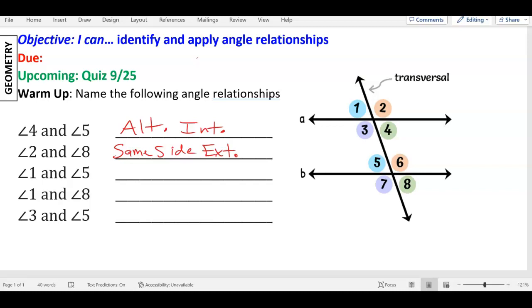So this is weird. There's a special name for this one, and it is corresponding. Let me remind you, corresponding was the first one on the last notes. You see how 1 is in the top left? 5 is in the top left? They're in the same position, just shifted down. That is called corresponding. So again, corresponding is weird. It's on the same side, 1 in, 1 out. Corresponding. Let's write that down.